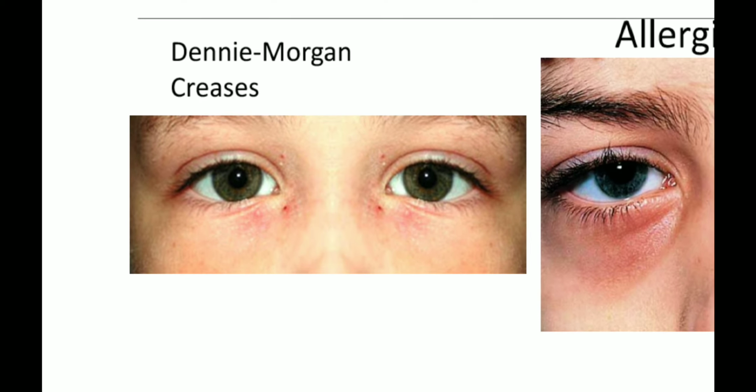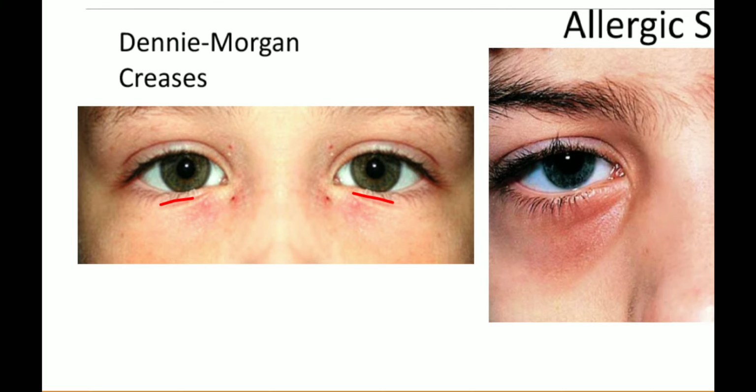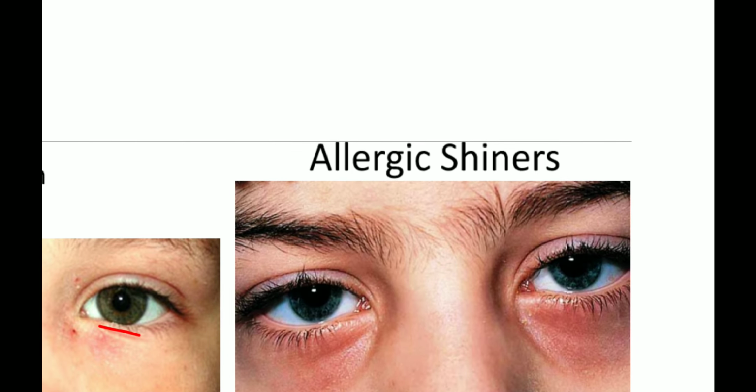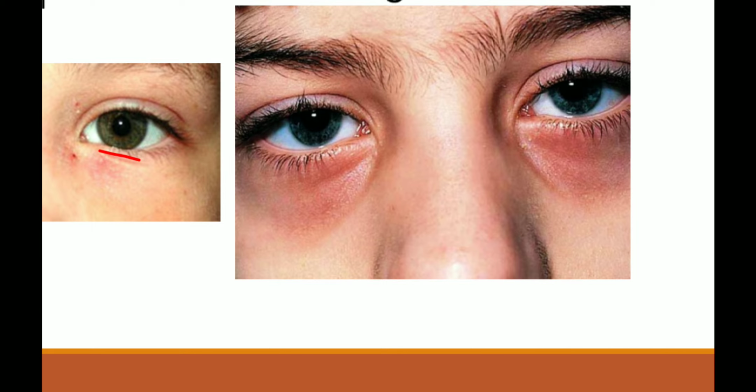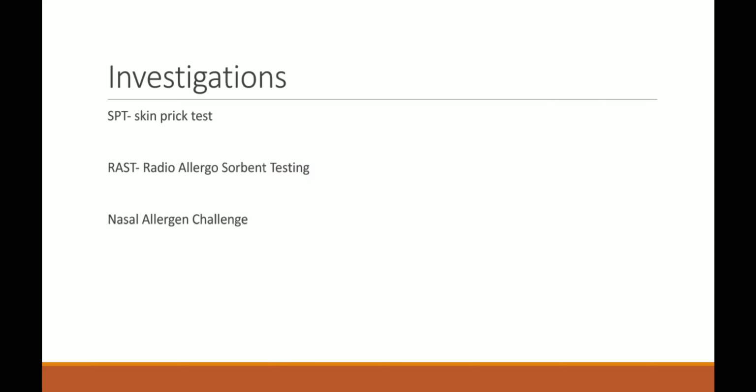This is the Denny-Morgan creases. Then allergic shiners, which is the dark discoloration below the lower eyelids. These are some classically described terms, some signs of allergic rhinitis.